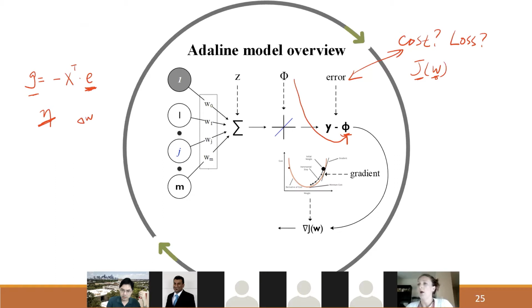Imagine the cost is a function of only one input to simplify the interpretation here. Assume that we only have one variable, m equal 1. Then we can make this graph to see the relationship between the weight and the cost.